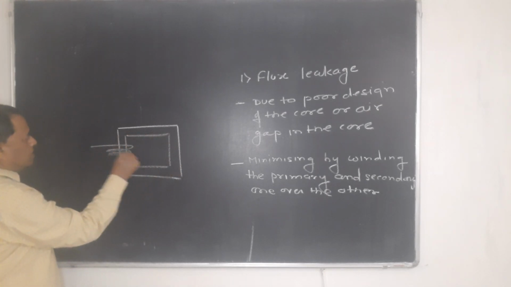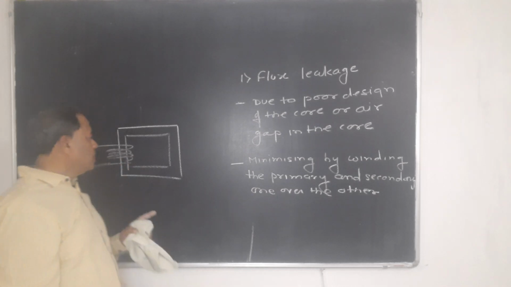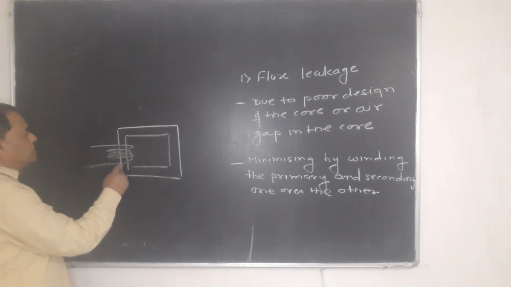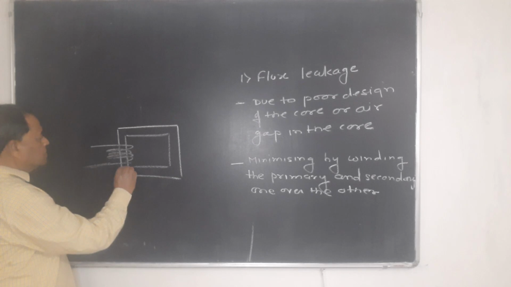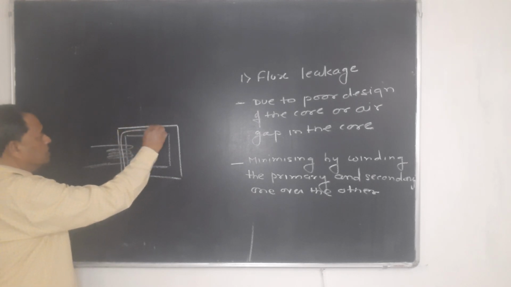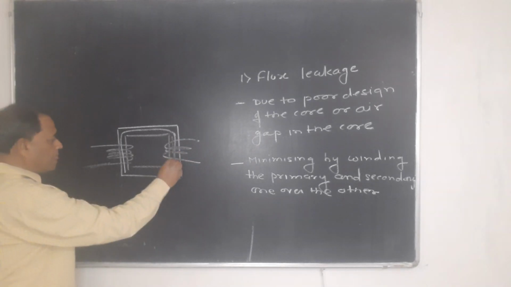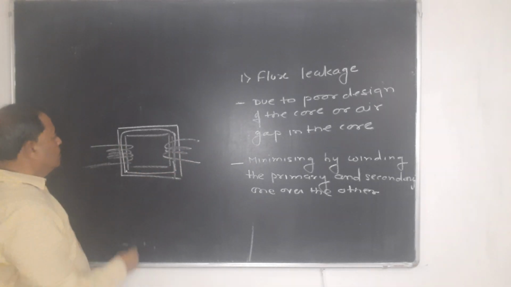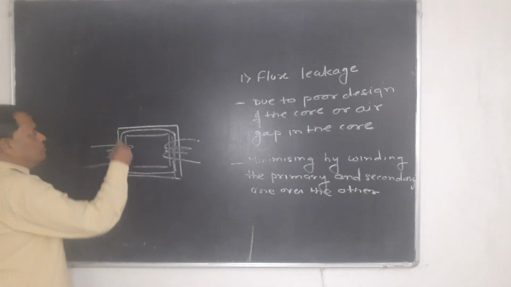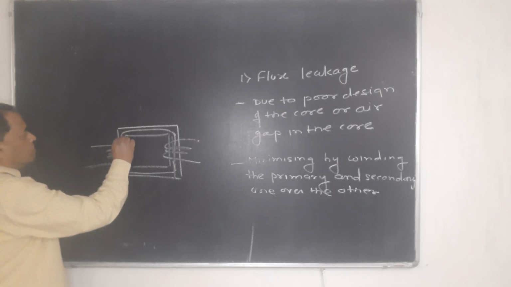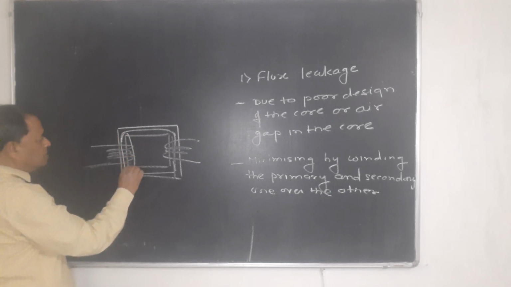The primary winding, when alternating voltage is applied to the primary, the resulting current produces alternating magnetic flux, and all the flux produced here should reach the secondary. But due to the poor design of the core or air gap in the core, if there is some air gap, from this air gap some magnetic flux returns to the primary.